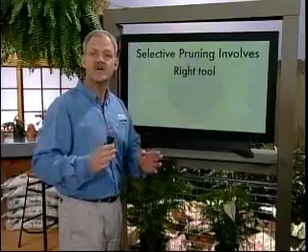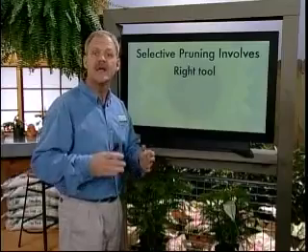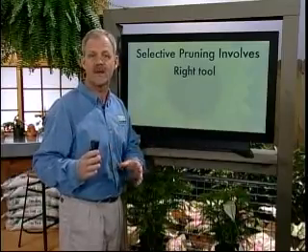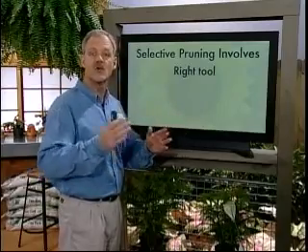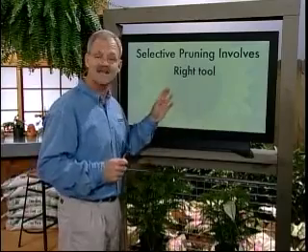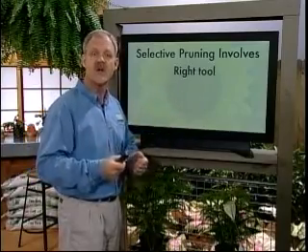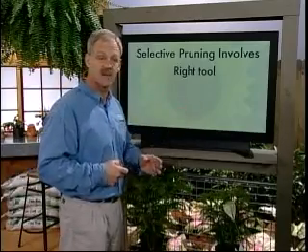Now, folks, there are a number of different pruning tools, and last show we talked about the different pruning tools you can use. It's really important to select the right tool for the right type of pruning that you're doing. That way, when you make the selection for the cut that you're going to make, you'll have the correct tool to do that. Classic example of using the wrong tool would be using those hedge trimmers to do some very minute selective pruning. So that's the first thing, is to select the right tool.